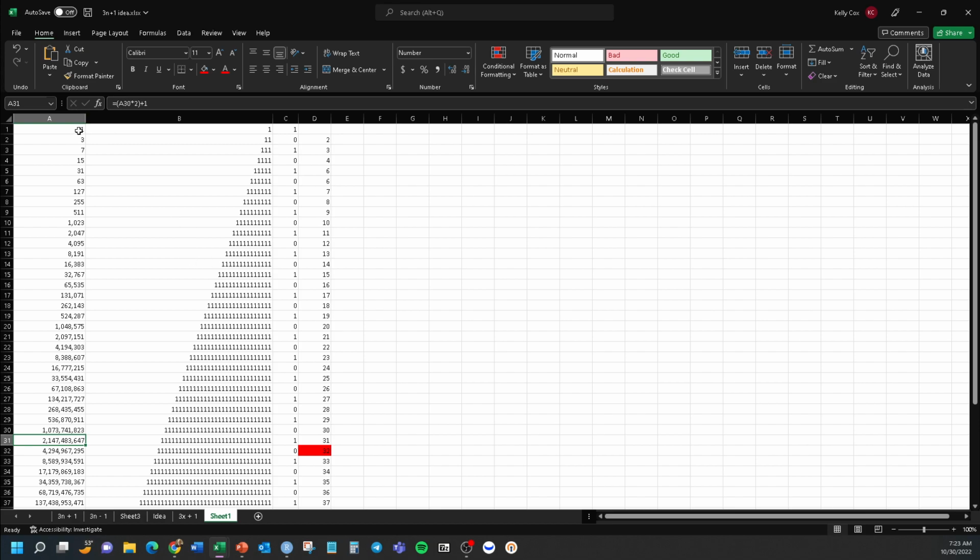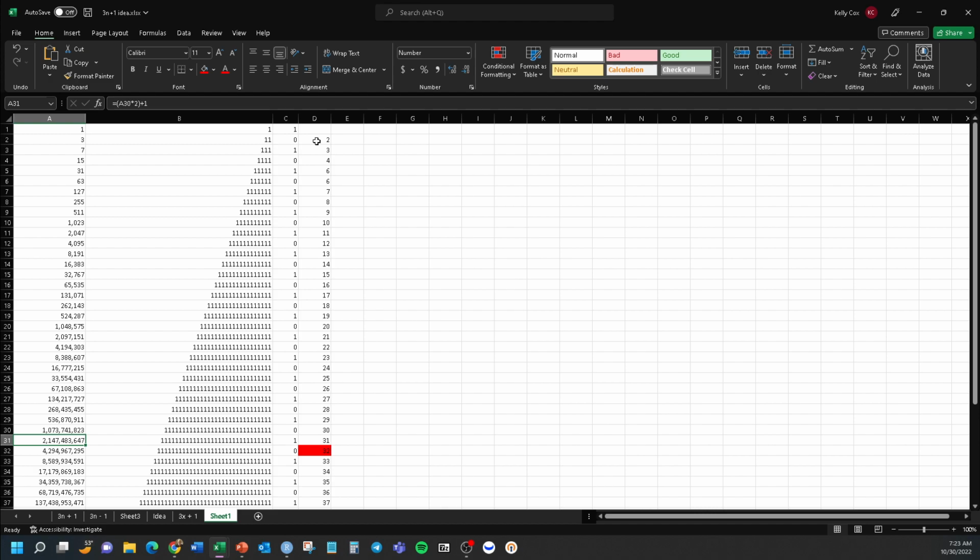If you start with the number 1, it only climbs... 1 goes to 4 and then to 2 and then back to 1. So its climb is 1.